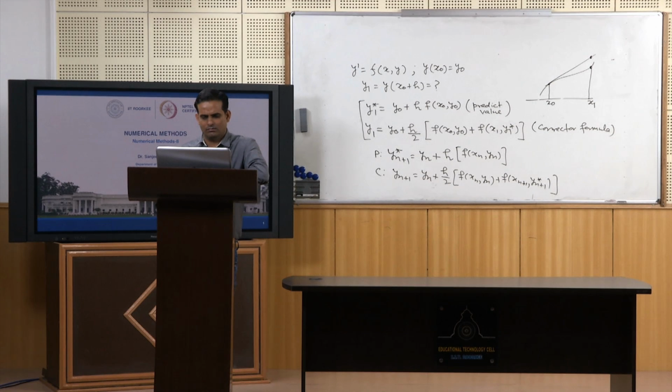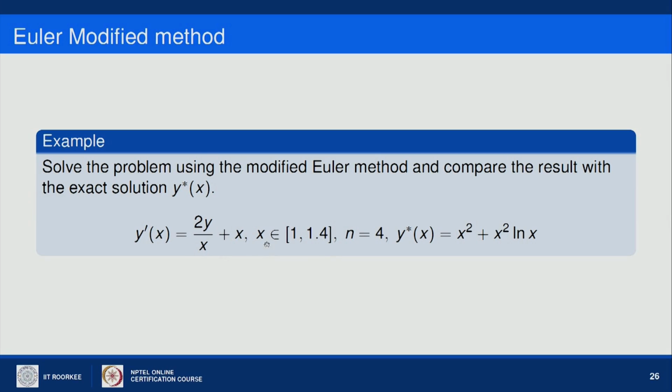Here, if I calculate the initial value of y at x equals to 1, it will be 1. So, y0 is 1, I need to calculate y at 1.1, y at 1.2, y at 1.3 and y at 1.4. And at the same time we will compare the approximate value with the exact value, and we will see how much error we are getting in our solution.